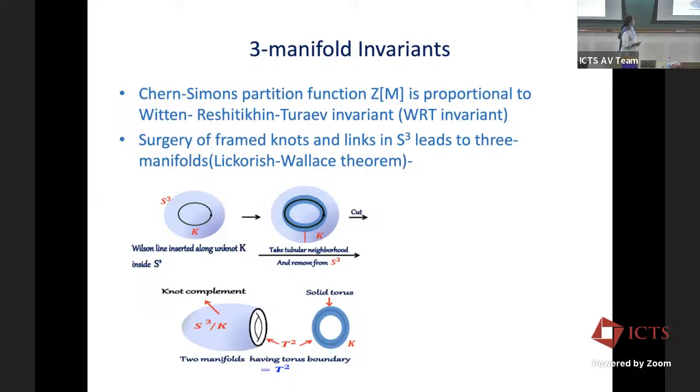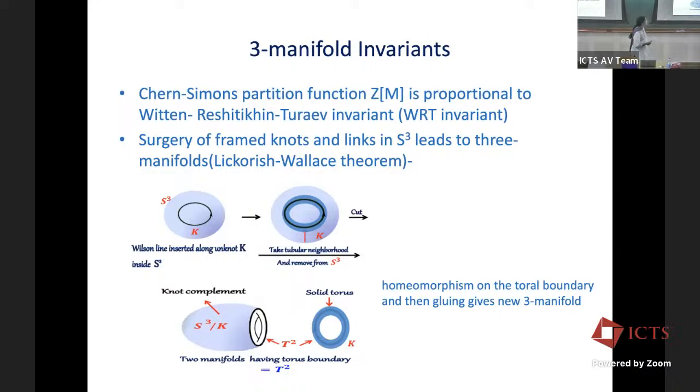For all the T2 boundaries, you can have a meridian and a longitude. If you just identify meridian with meridian and longitude with longitude, you get back the same manifold. If you start identifying a longitude with a meridian and a meridian with a longitude, you start getting complicated situations. So this is the procedure where you can have a homeomorphism on the toral boundary, and then gluing will give you a new three-manifold.